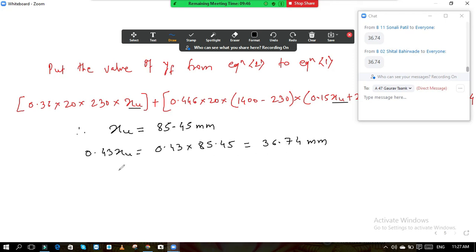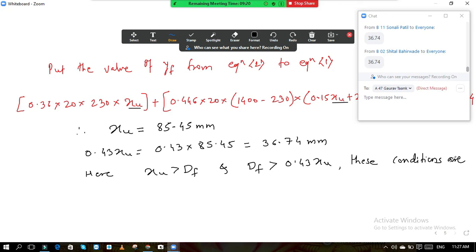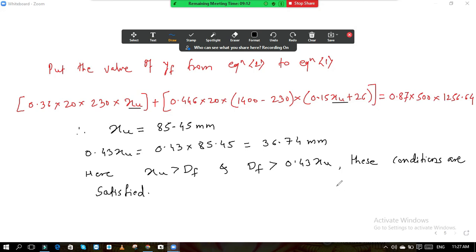So here XU is greater than DF and DF is greater than 0.43 XU. These conditions are satisfied. Now we came to know that it comes under case number 3.